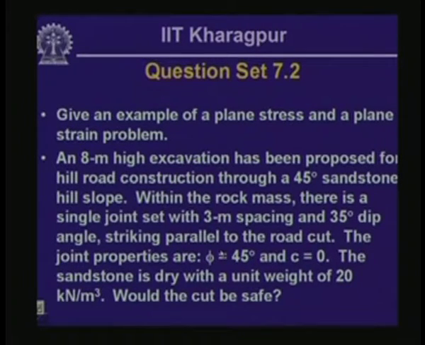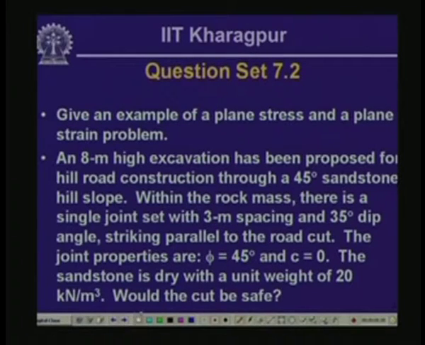The joint has got a 45-degree friction angle, and the cohesion intercept for the material within the joint is 0. The sandstone is dry with a unit weight of 20 kilonewton per meter cube. The question was whether the joint is going to be safe. So let's draw the configuration then.